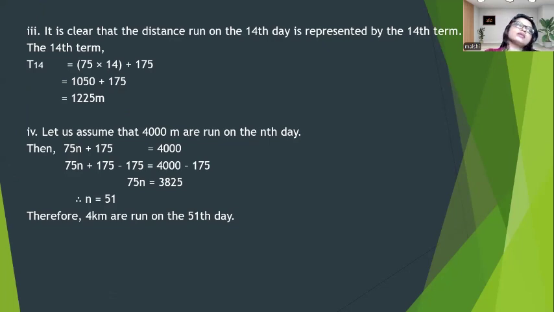So you can multiply 75 by 14, which gives 1050. Then you can add 175.